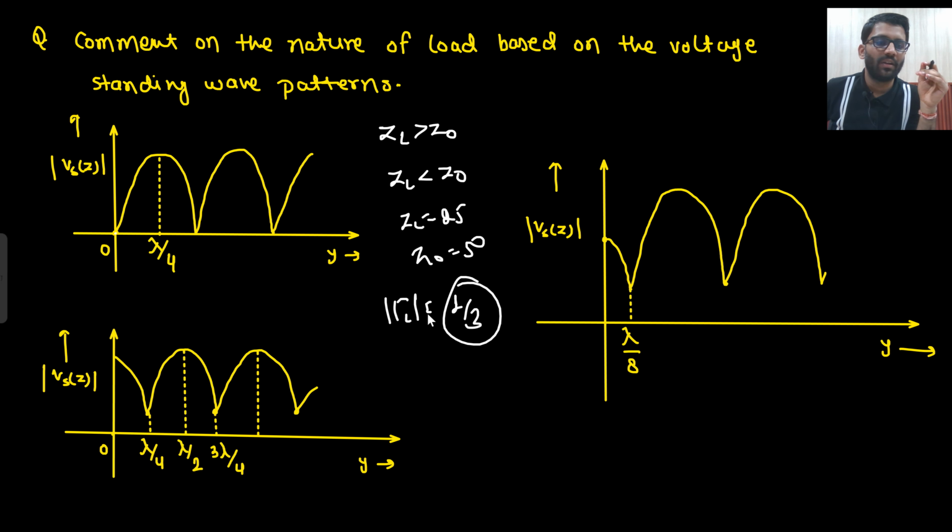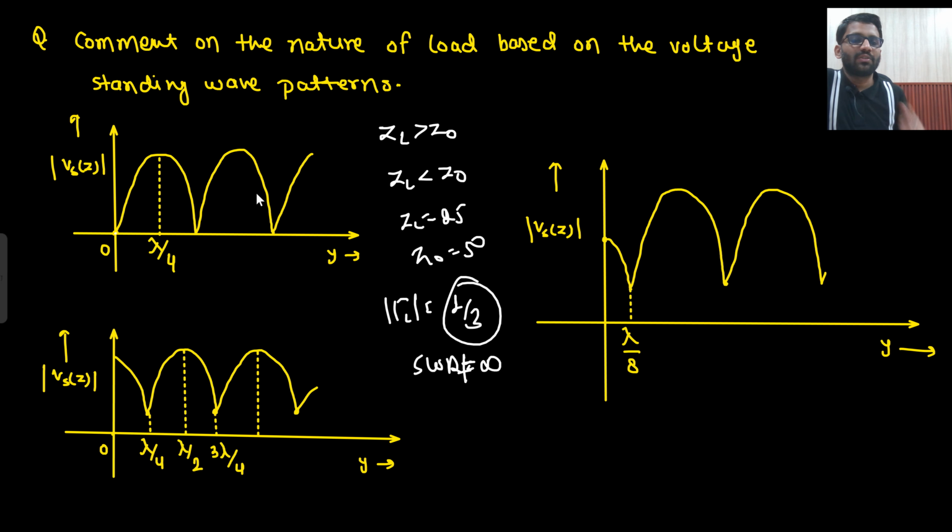Something like that would come out. And that means standing wave ratio will not be equal to infinity. But here it is equal to infinity. So one thing I am pretty sure that load is either short circuit or open circuit. It cannot be resistive as well. Because if it was a finite non-zero resistance value, then certainly my standing wave ratio would not be equal to infinity, but here it is infinity.